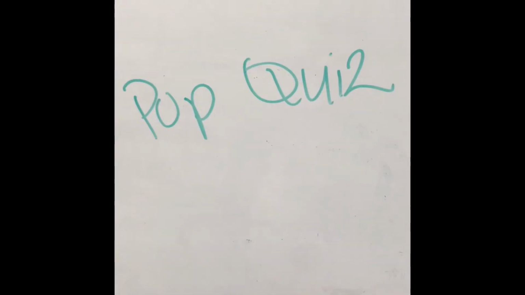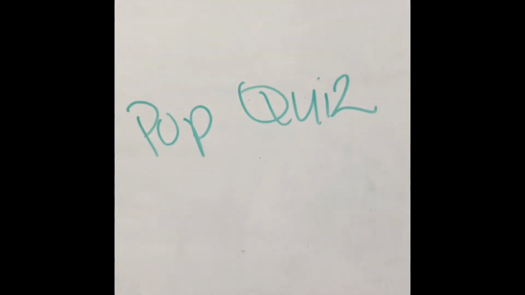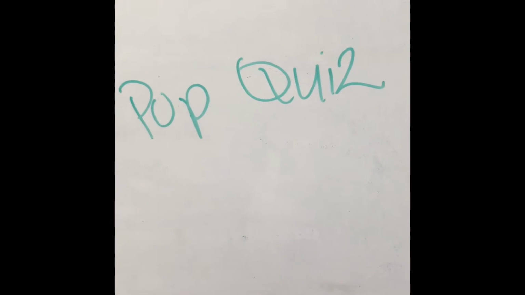Real quick, pop quiz. What are the 4 parts of a poem? Tell me the 4 parts of a poem without looking at your template. Were you able to remember what the 4 parts of a poem are? If not, that's okay. We have an easy way for you to remember. And so I just got the first letter of every section.